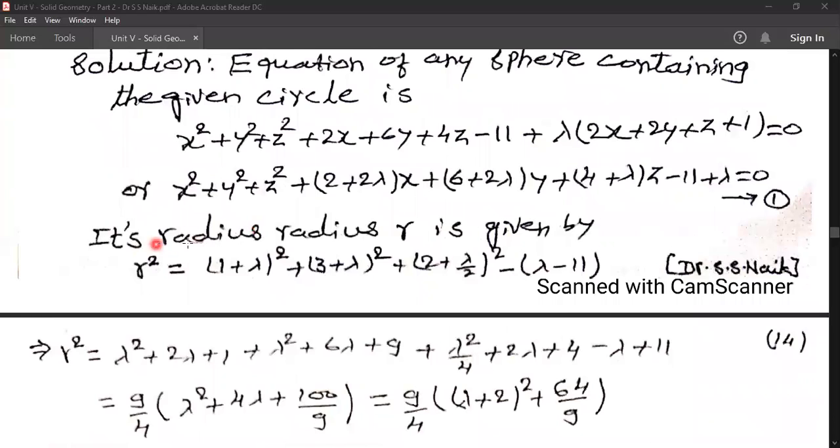Now its radius r is given by: minus half of this is 1 plus lambda squared, then minus half of this is 3 plus lambda squared, and 2 plus lambda by 2 squared is equal to minus of lambda minus 11.